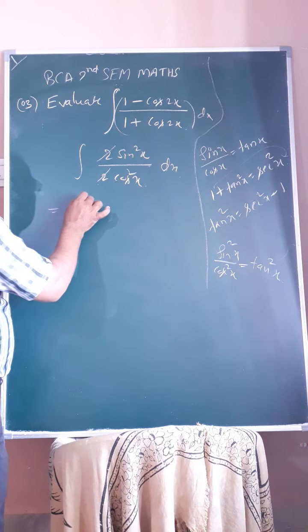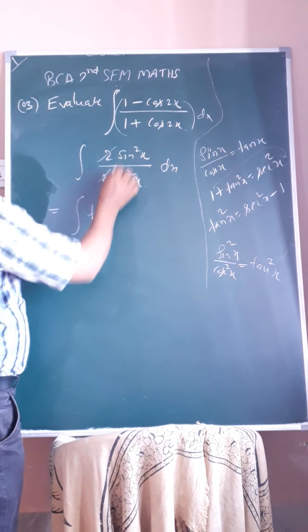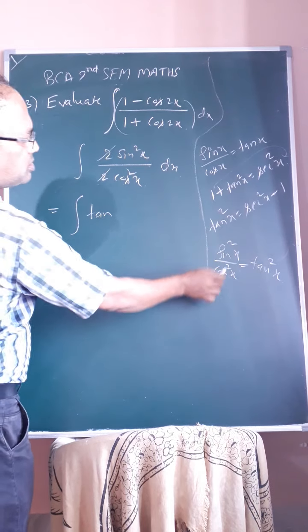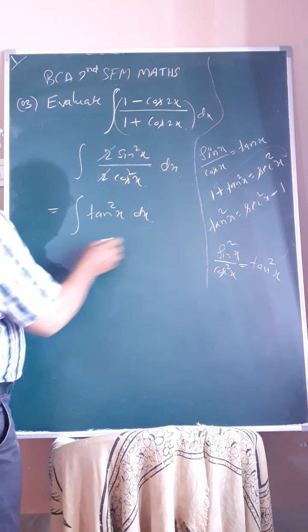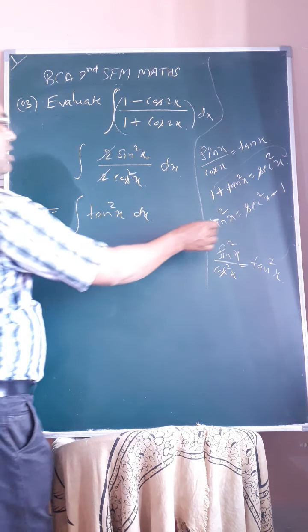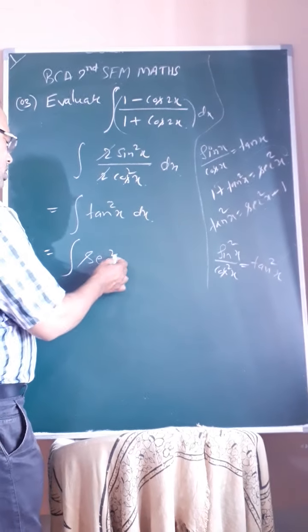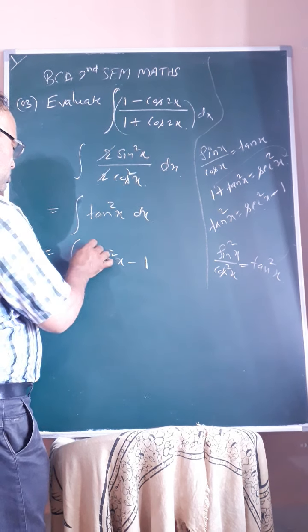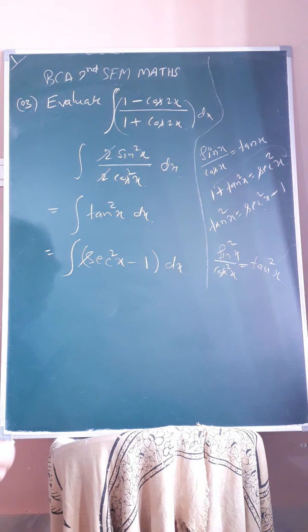So this is the integration of sin square x by cos square x, that is tan square x dx. Integration of tan square can be written as secant square x minus 1.